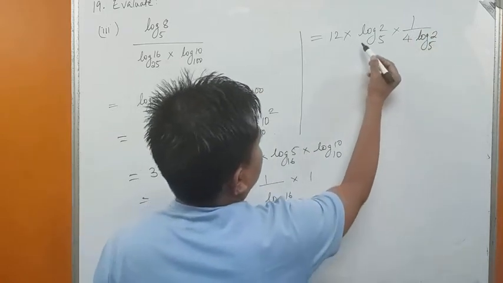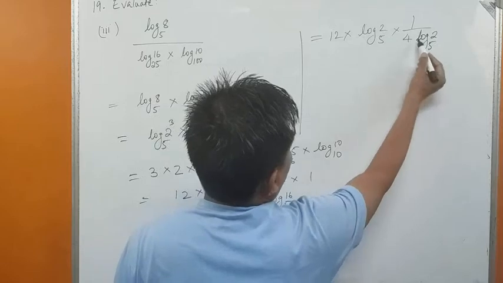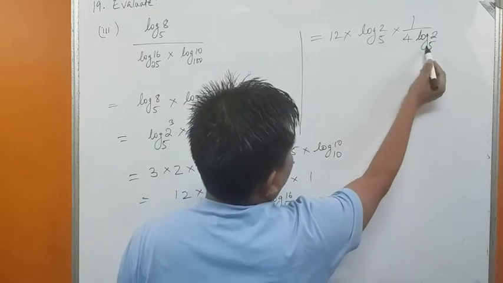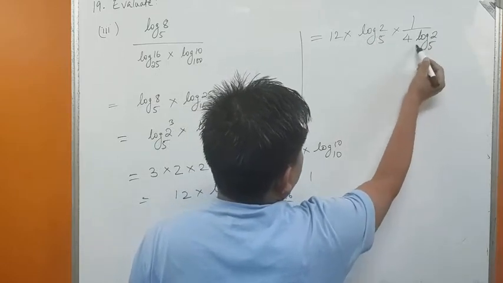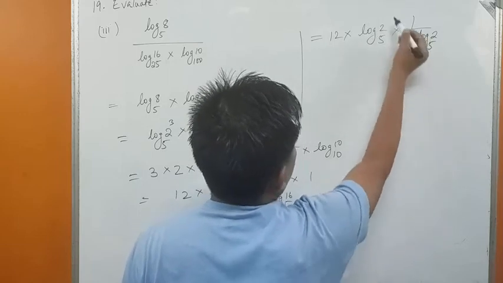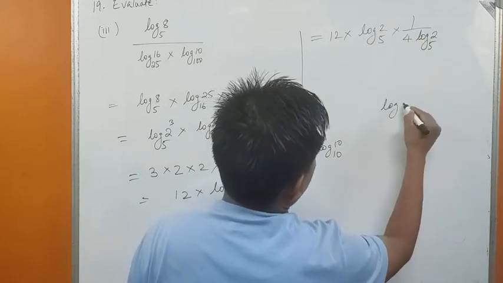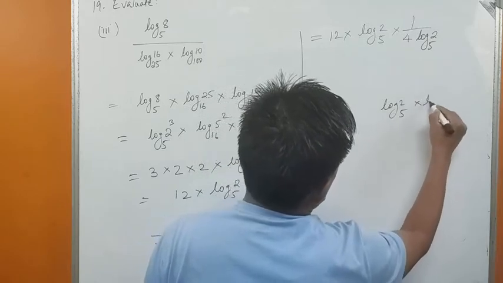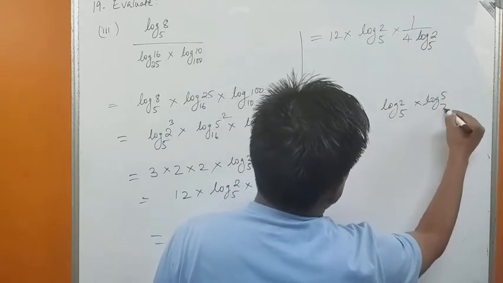So we can cancel this log 2 to the base 5 and log 2 to the base 5 because one is in the numerator and one is in the denominator, isn't it? You can cancel here, or you can bring this number to the numerator. This becomes log 2 to the base 5 into log 5 to the base 2.